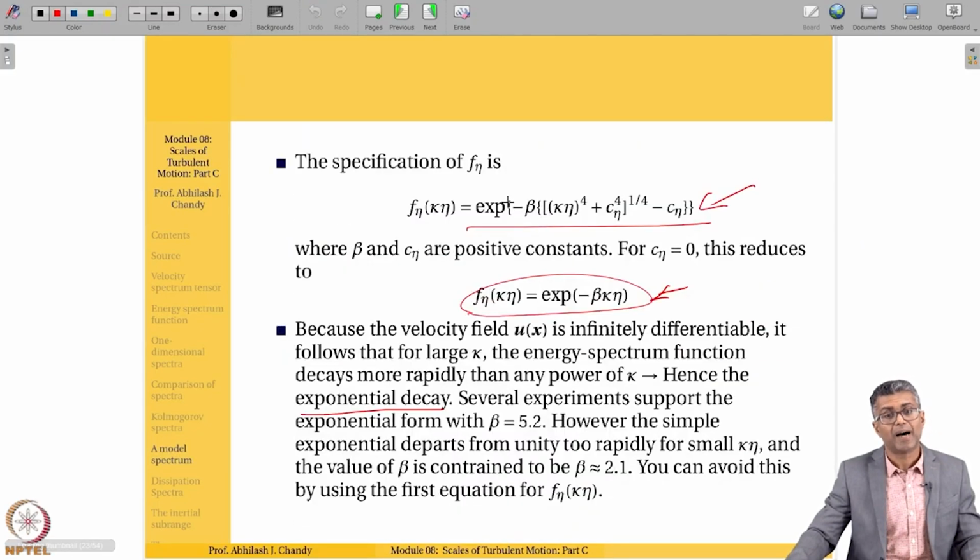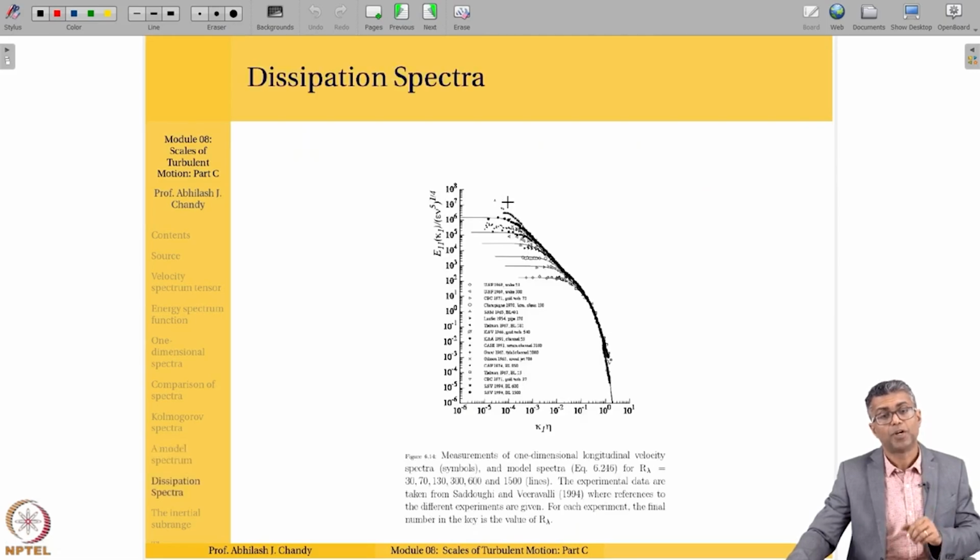Now, let's apply this model spectrum to experimental data. This is a plot that I have shown earlier to illustrate several other examples, but this is actually where it comes. On the y-axis, I have the 1D spectra, which is E11, and I have normalized it with epsilon nu to the 5, the whole thing to the 1/4.